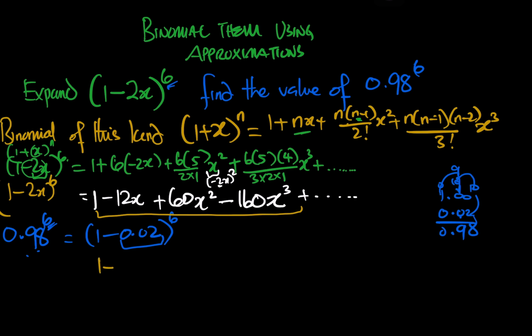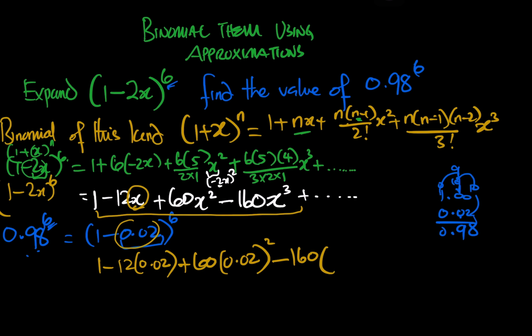We're going to have 1 minus 12 times our x, which for this simplification is 0.02, plus 60 times 0.02 to the power 2, minus 160 times 0.02 cubed, plus we keep going. So that's how you solve binomial theorem using approximations.